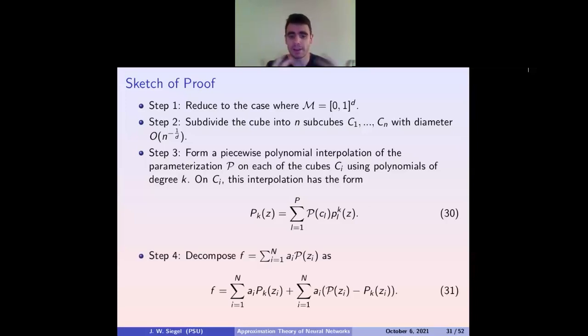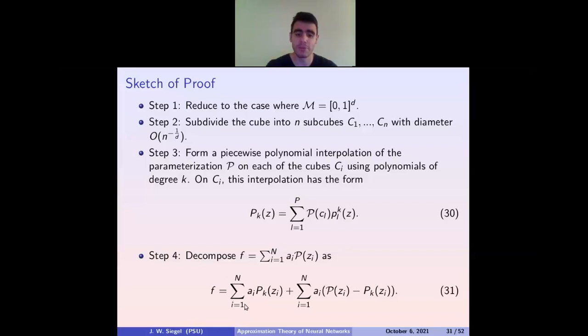Then for a given function f in this convex hull, which can be written as a sum of a_i p of z_i, for some potentially very large number n, and n can be arbitrarily large, we rewrite it as f equal to some average of the polynomial interpolant plus some average of the error. The key is that in this polynomial interpolant, I'm only ever evaluating the parameterization map at c_l. These are just coefficients.